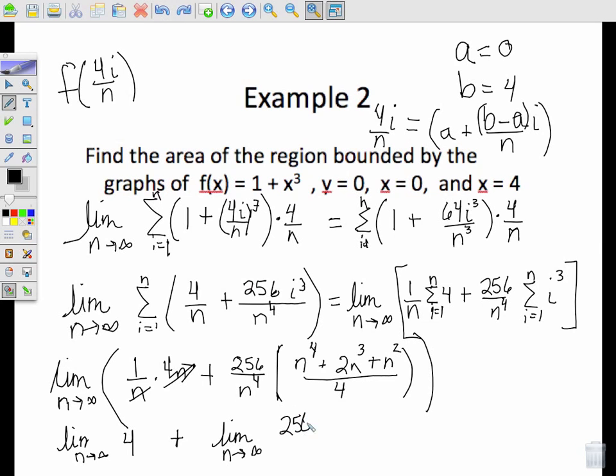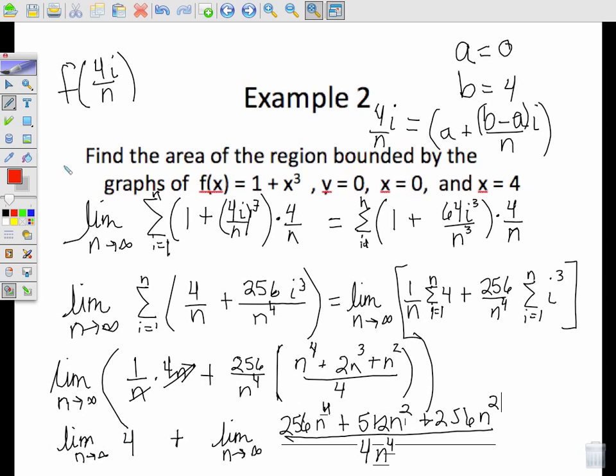If I multiply here, I'm not going to do any simplifying, I'm just doing 256 n to the 4th plus 512 n to the 3rd plus 256 n to the 2nd all over 4n to the 4th.